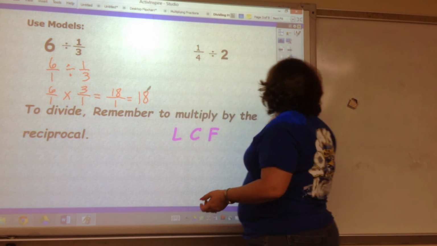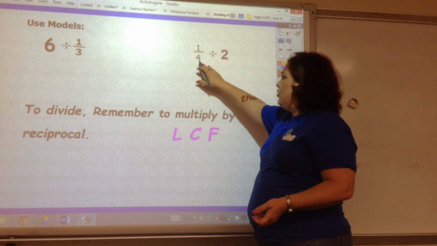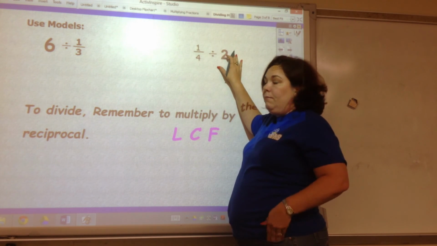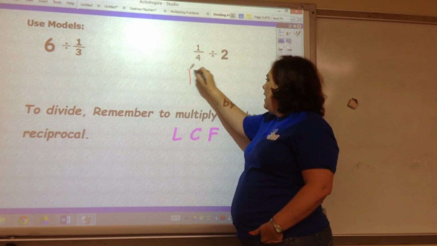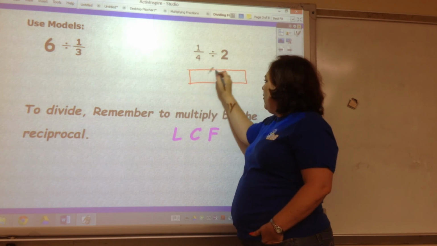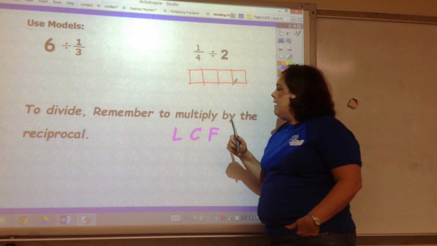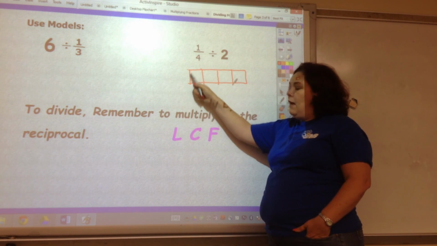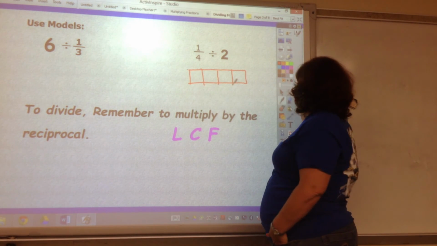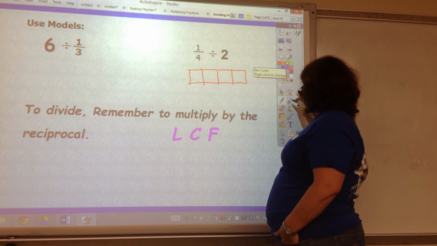So now let's look at a fraction divided by a whole number. So if I have a whole, and if I have 1/4 of that whole, so this is my fraction, 1/4, and so I'm going to highlight it.